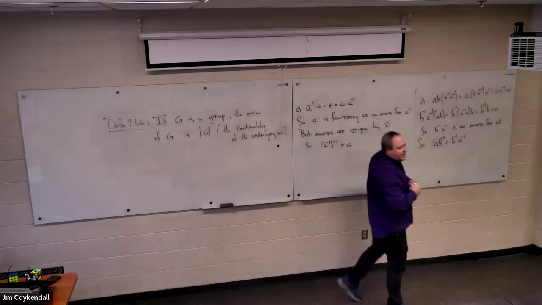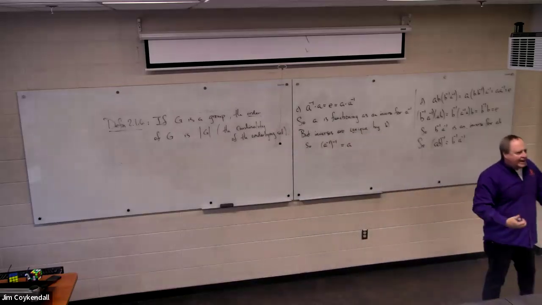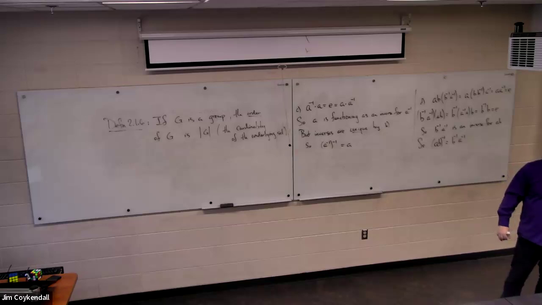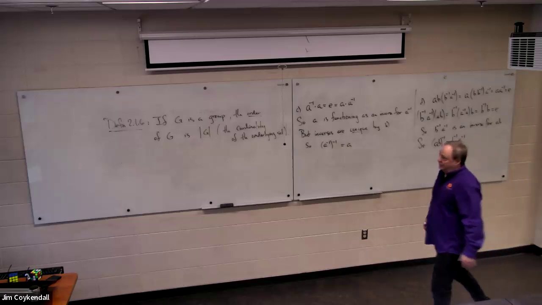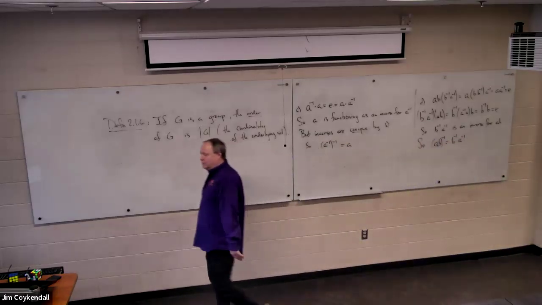So for example, Z5, the order of that is 5 because it's got 5 elements in it. The order of the integers is infinite because there are infinitely many. And that's a good place to stop.